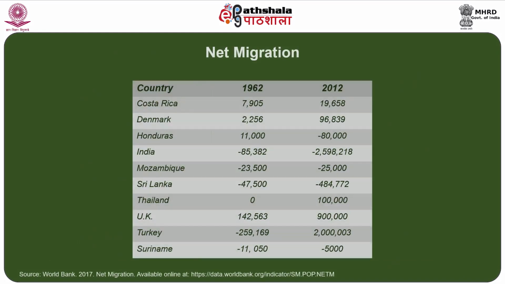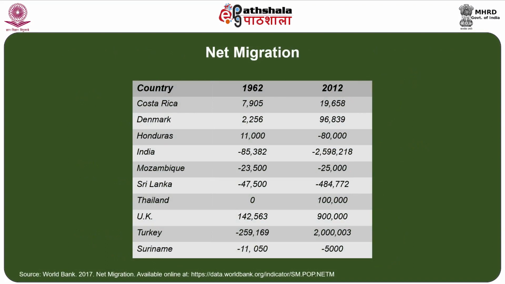At times, there may not be data availability for different reasons. For instance, in the table above, we can see that Honduras had positive net migration in 1962, to the extent of 11,000, but this became a negative net migration of 80,000 in 2012.